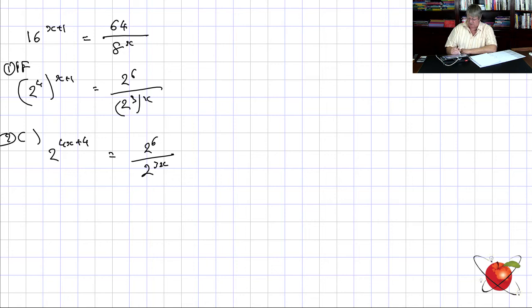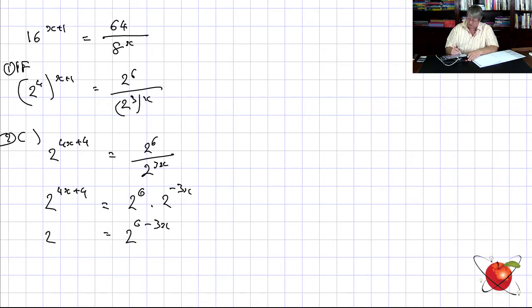Let us put it all on one line: 2 to the power of 4x plus 4 is equal to 2 to the power of 6 times 2 to the minus 3x. This is then 2 to the power of 6 minus 3x equal to 2 to the power of 4x plus 4. Now what have I got?